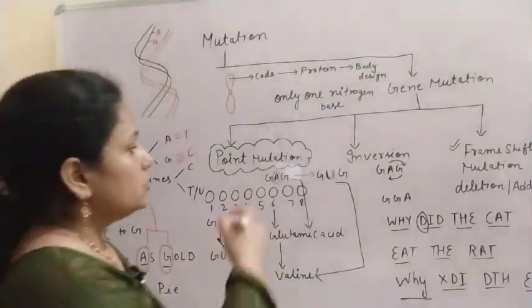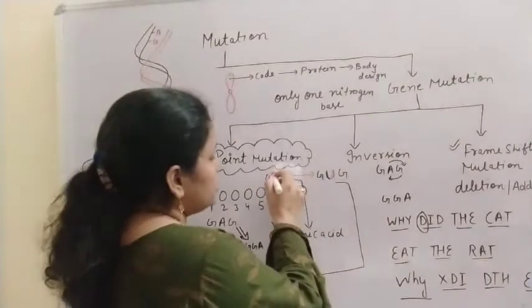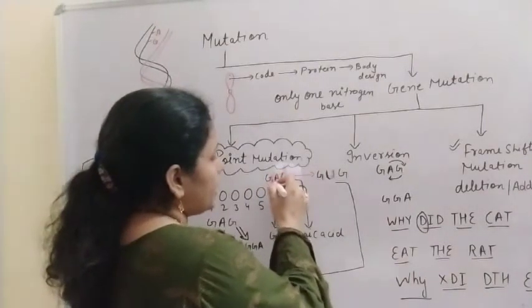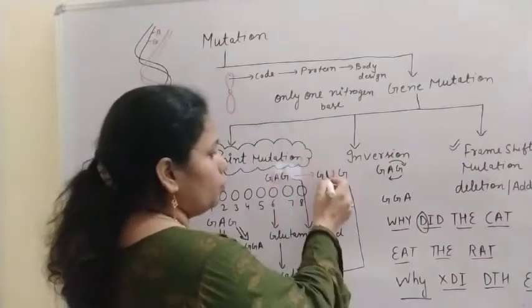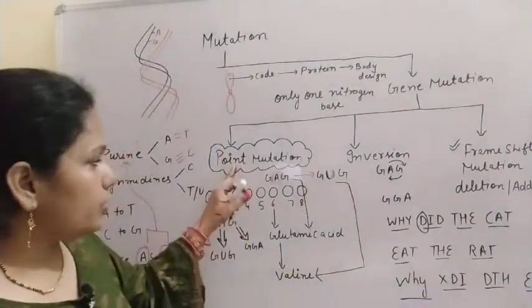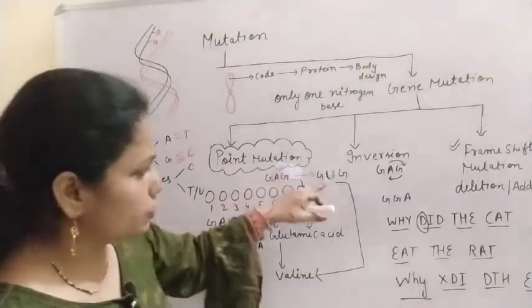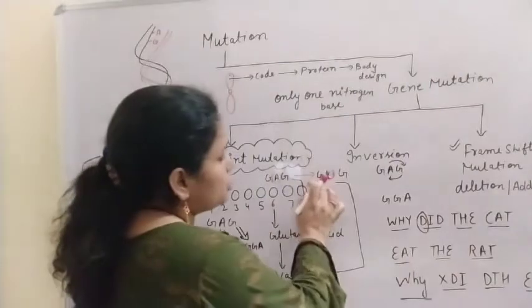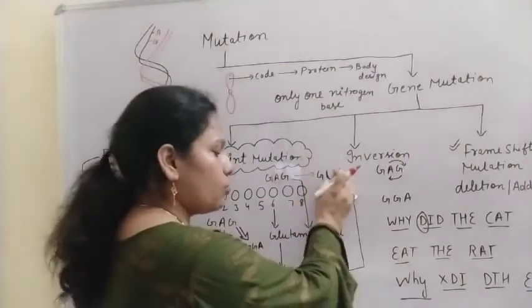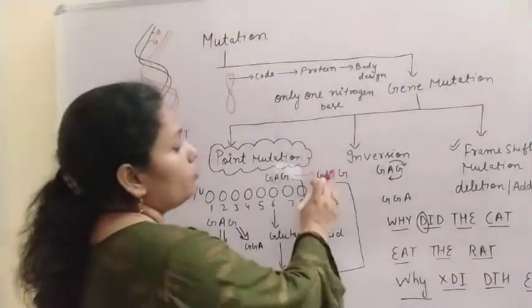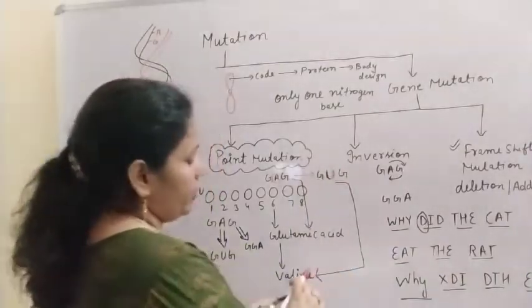But there is a change, only this A. If this A is replaced by U, which is the point mutation, then this GUG is not coding for glutamic acid, but it is coding for valine.